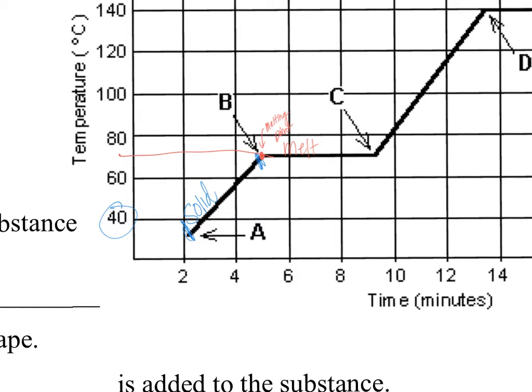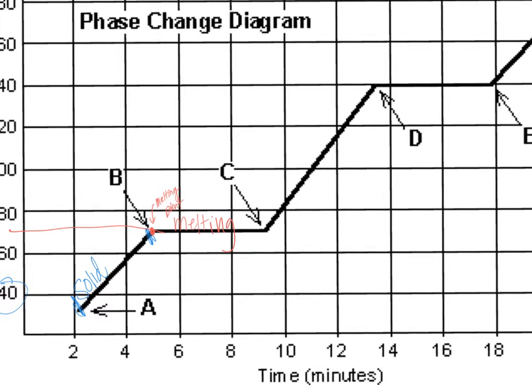So it's just kind of gaining energy, making sure all the molecules are there, and it's going through melting at this rate. Okay? Then, once it's done with melting and all of the molecules have melted, it then turns into what's called a liquid. Okay, so it remains a liquid all through here as it gains temperature.